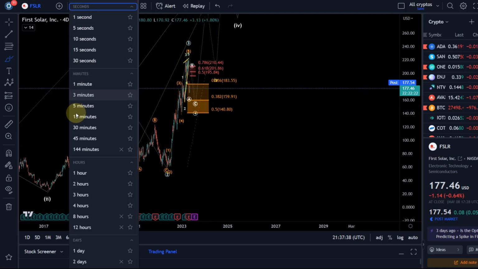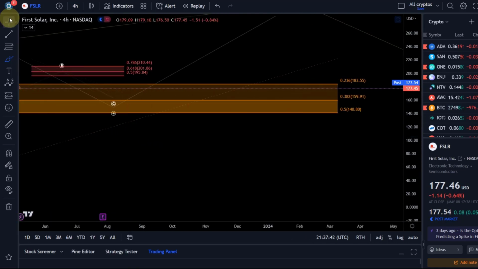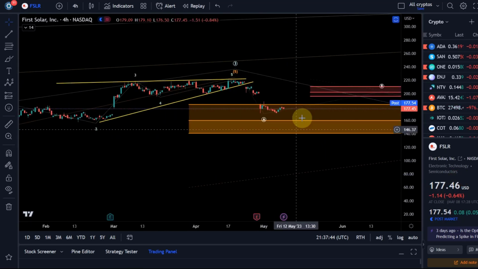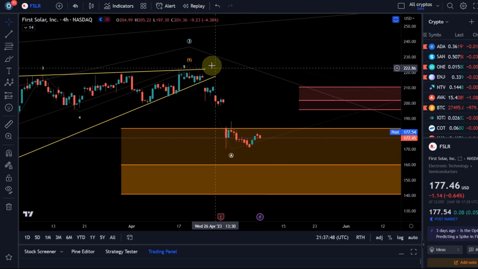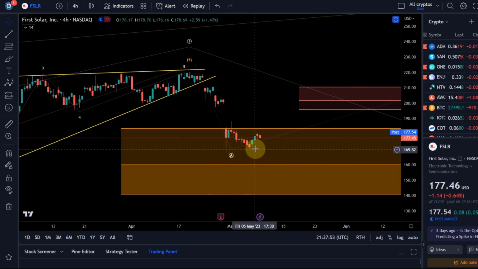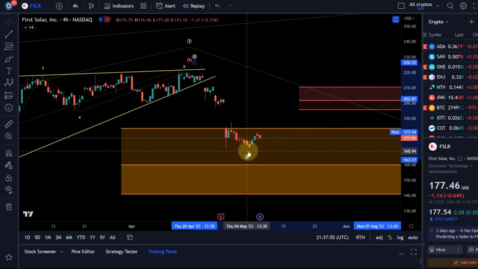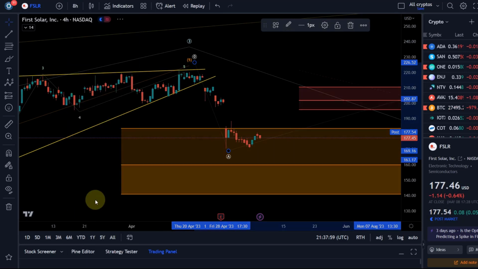Yeah. Now we can go into maybe the 4-hour chart here to try to get a bit more detail. But that's really, I guess, as good as it gets. The move down, it's hard to count. But you could make the case that we have an A wave complete now, or nearly complete. Yeah, it's hard to really look at the subwaves here.